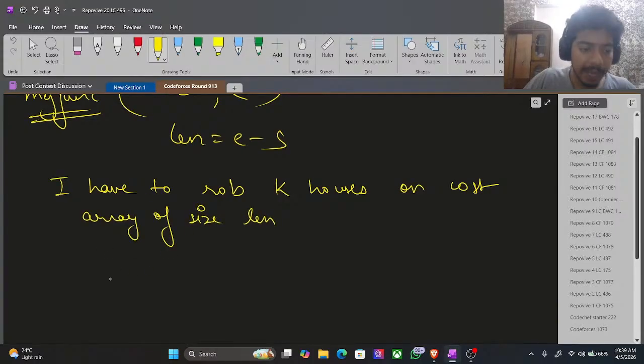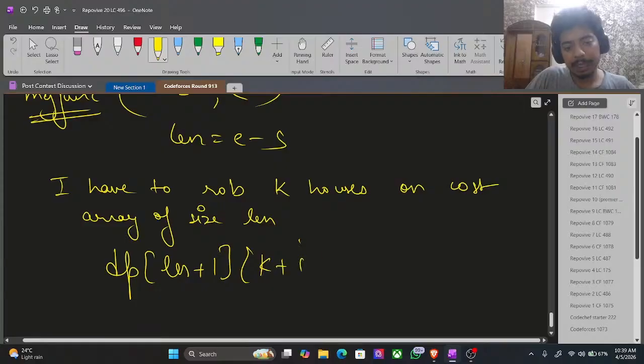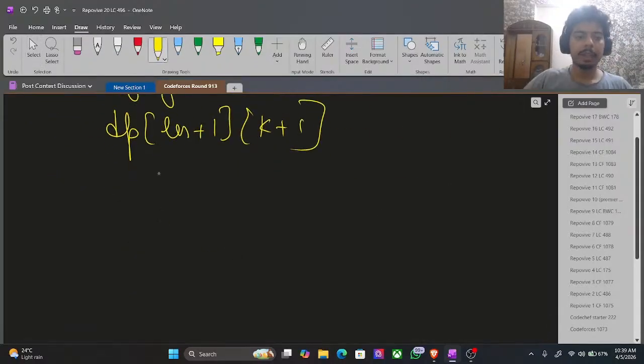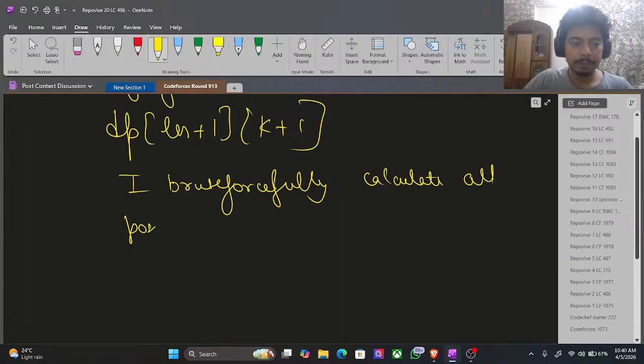So what I can do is make a DP of size length plus 1 by k plus 1 and calculate all the possible ways to rob. I will brute-force calculate all possible ways.